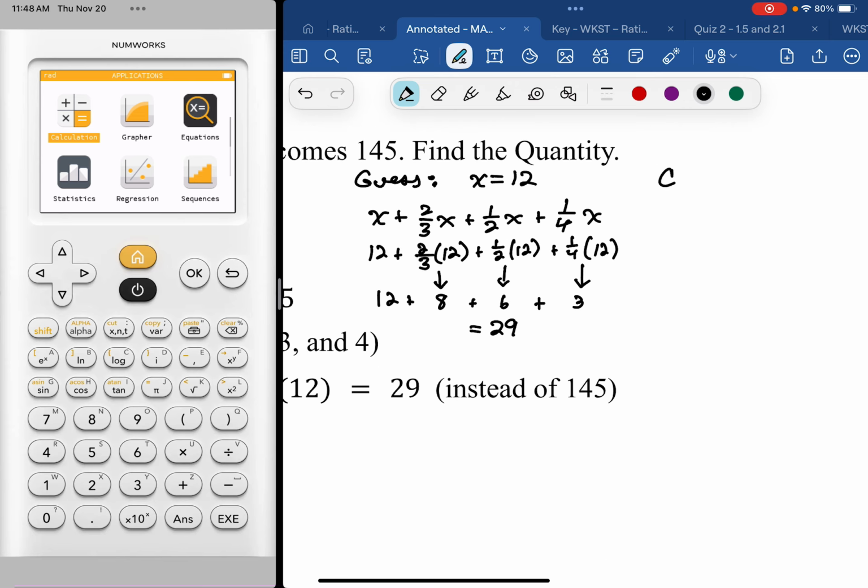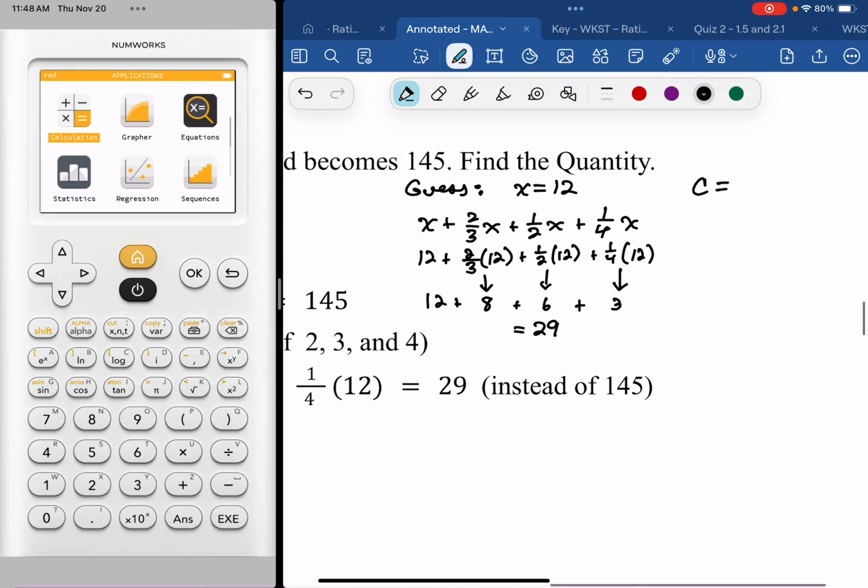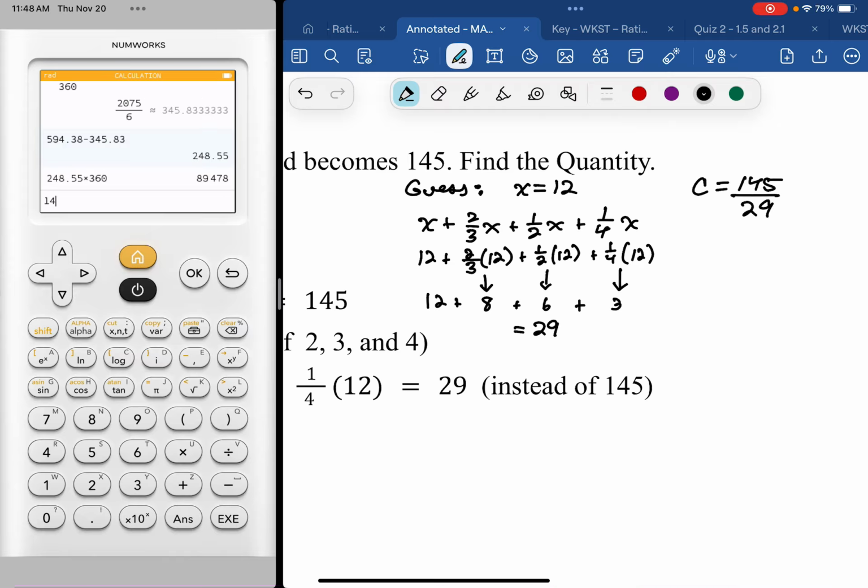So my correction ratio is going to be equal to what I should have got, 145, over what I did get, 29. And I get a result of 5.